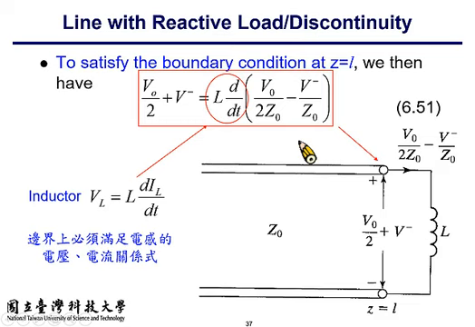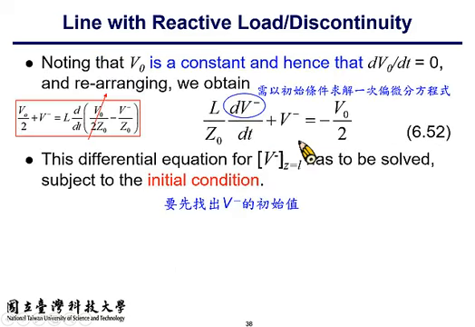So if you take a time derivative over the first term, what is the result? 0, right? Because they are DC signals, they are not time dependent. So the only thing that we can get from this time derivative operation is the second part. So the equation can be somewhat simplified like this. And in this equation 6.52, we do a little bit of massaging.